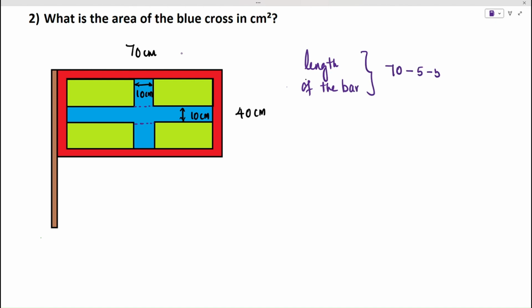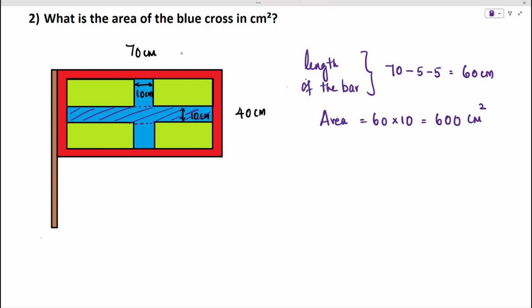This gives us a length of 60 centimeters. Now the area of that bar is 60 centimeters times 10 centimeters. A nice simple multiplication that gives us 600 centimeters squared. So that's the section in the middle.